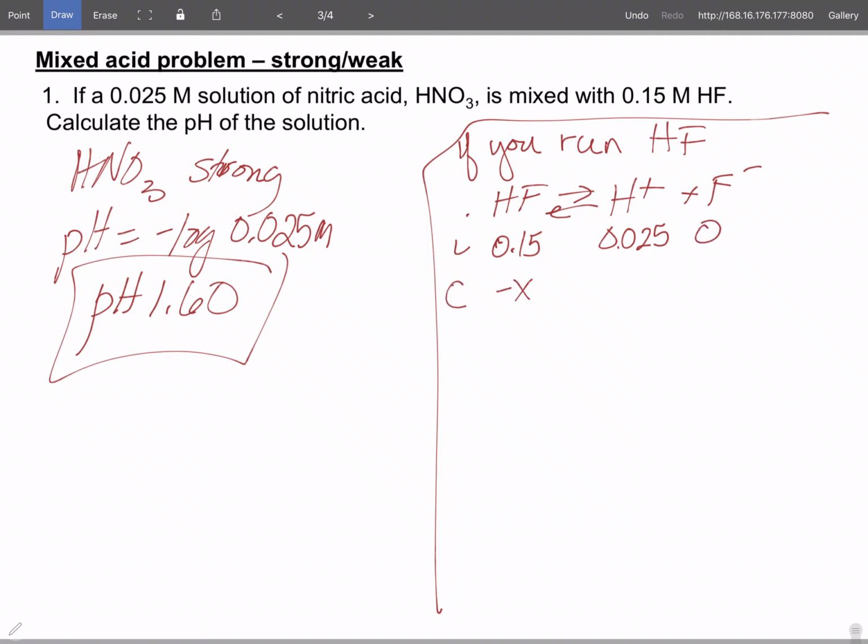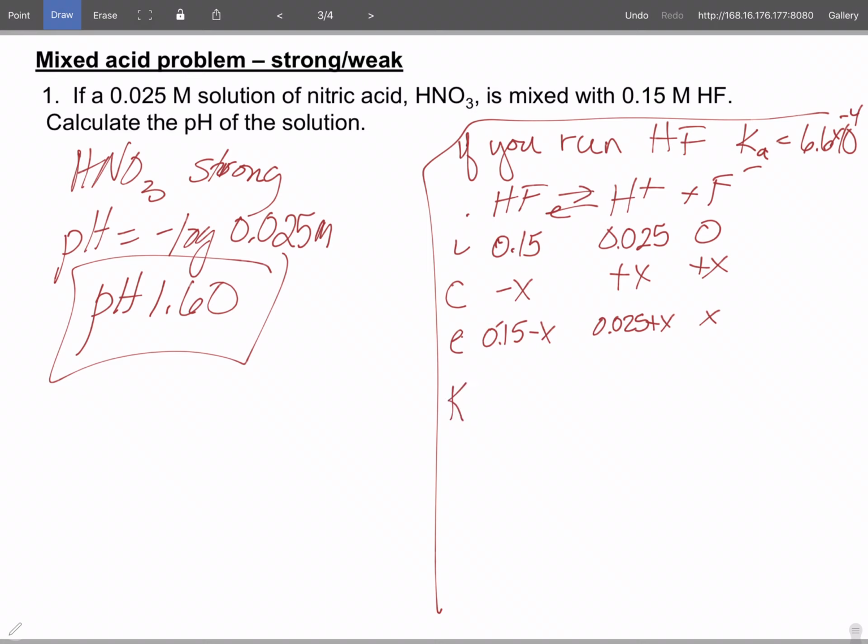Okay, so we'll lose X here, gain X here, and gain X here, because there's a 0. So at equilibrium, we'll have 0.15 minus X, 0.025 plus X, and X. So again, we need our Ka, which is 6.6 times 10 to the minus 4. So this is actually a relatively strong weak acid.